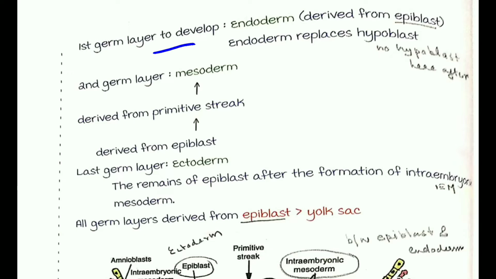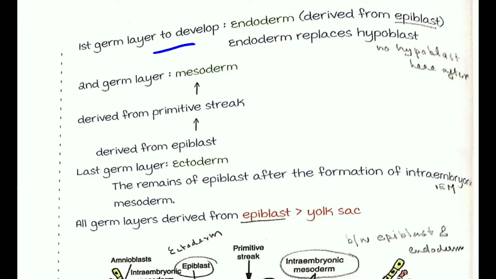So from the epiblast, first the endoderm forms and replaces the hypoblast, and from the primitive streak of the epiblast the mesoderm forms. Afterwards the ectoderm forms from the remaining epiblast left after the formation of the endoderm and mesoderm.